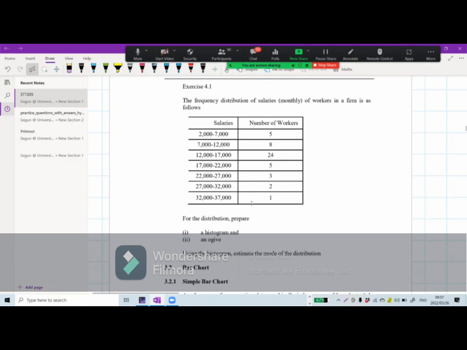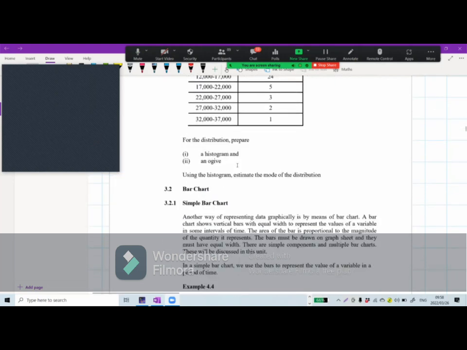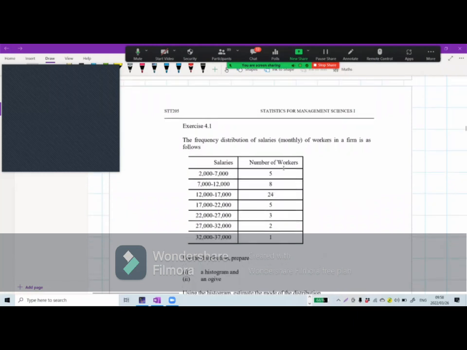It's different from the other class. This particular one is talking about frequency distribution of a salary. Are you getting it now? So what they do in this case most times is there's something we call the class width.